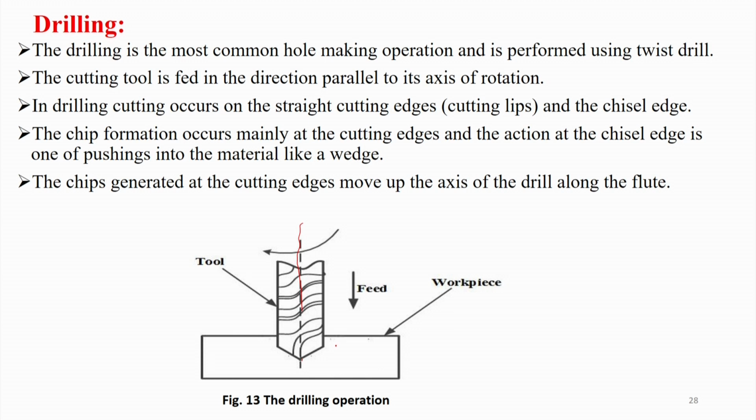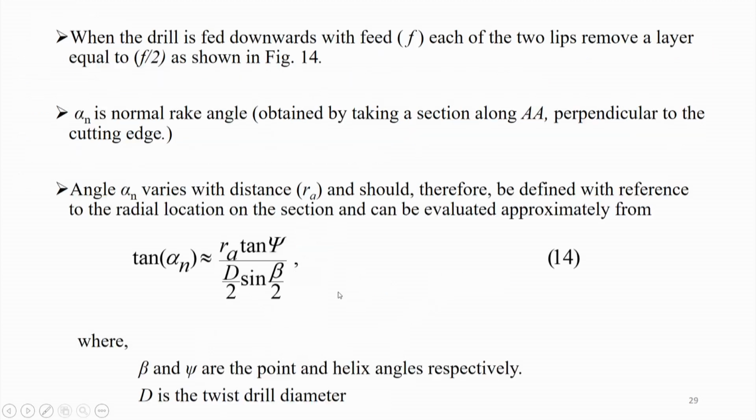The chip formation occurs mainly at the cutting edges and the action at the chisel edge is one of pushing into the material like a wedge. So, chips generated at the cutting edges move up the axis of the drill along the flutes. The chips actually move through the flutes due to the helical path.